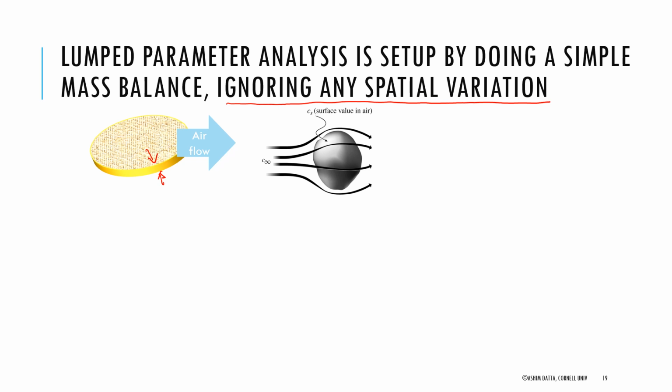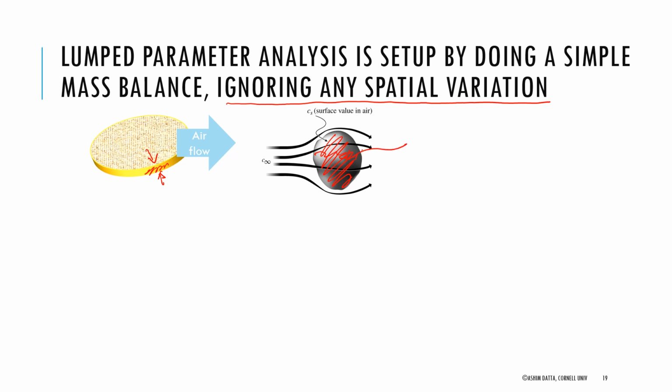And so the material is like a lump, and it has no variation in moisture from location to location. That is, of course, not true in general, and we'll come back to this. But for now, that is the assumption of lumped parameter.